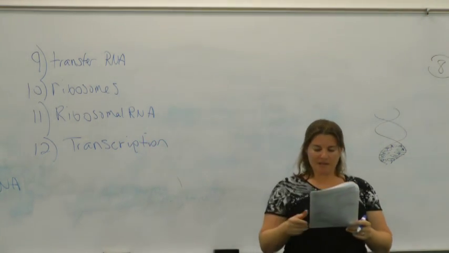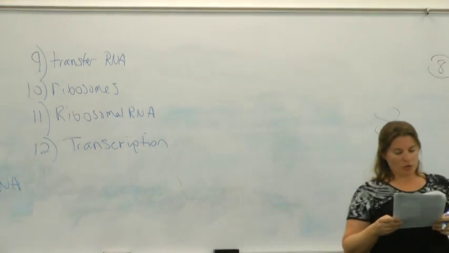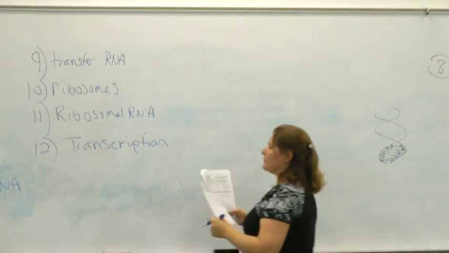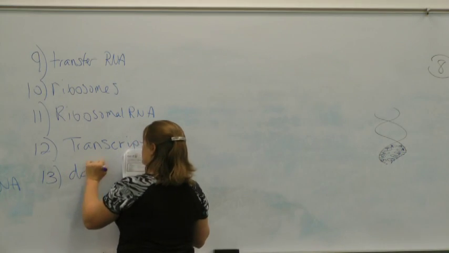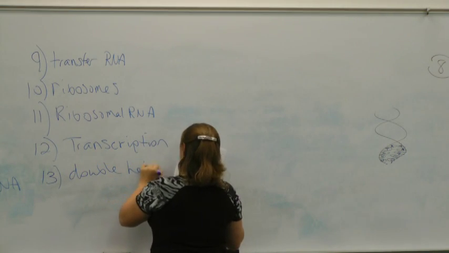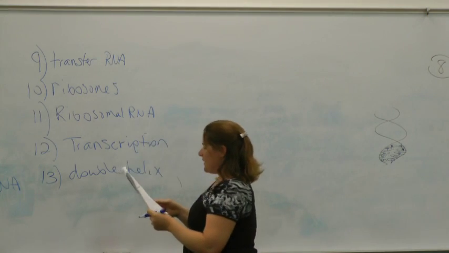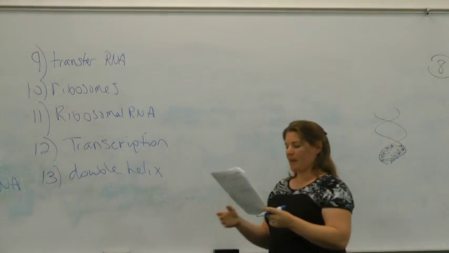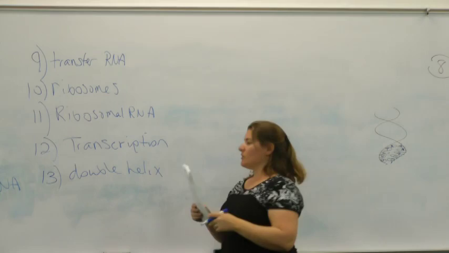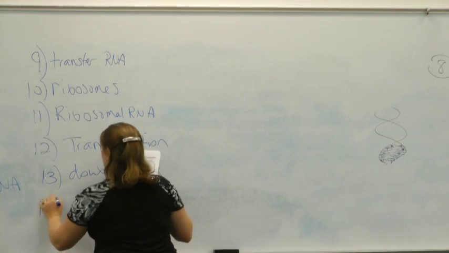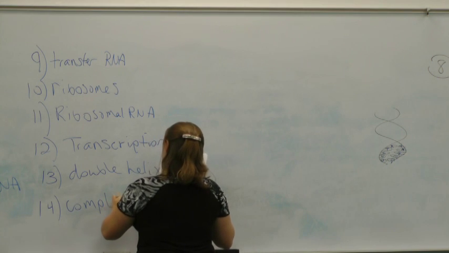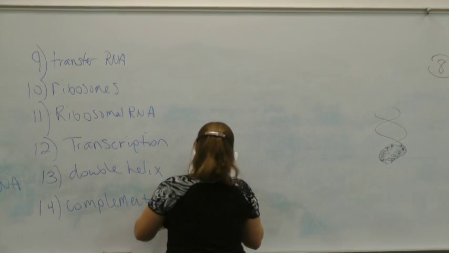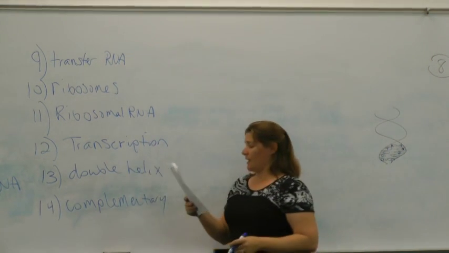Just as the DNA does in replication, the 2 strands of the double helix separate. Then DNA makes a strand of RNA that is complementary to the base sequence of the DNA.